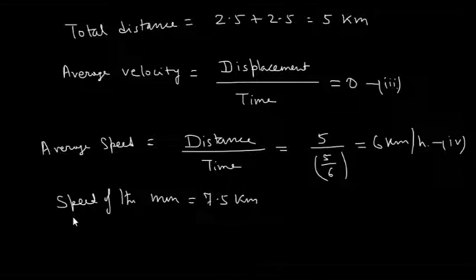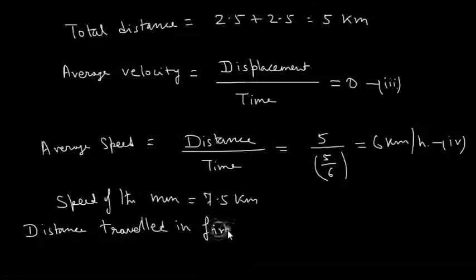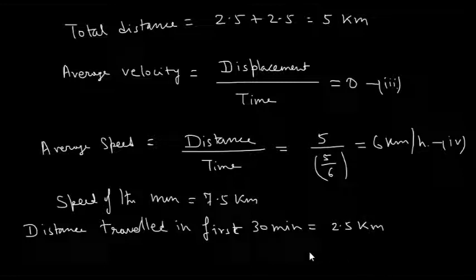Distance traveled in first 30 minutes is equal to 2.5 kilometer.